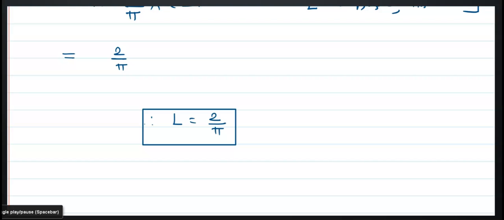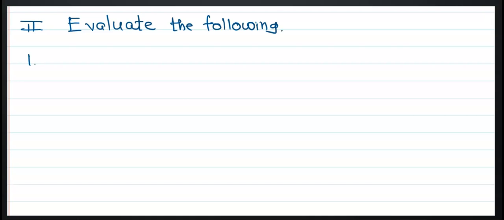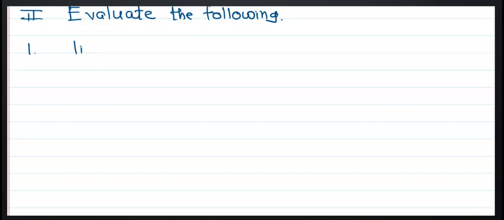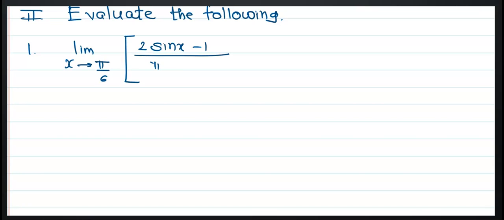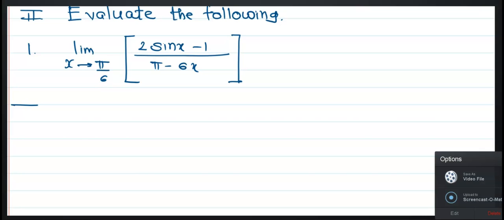Now, next is question number 2. Evaluate the following limits. x tends to pi by 6, 2 sin x minus 1 upon pi minus 6x.